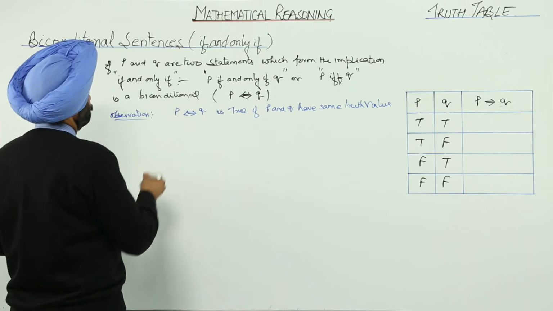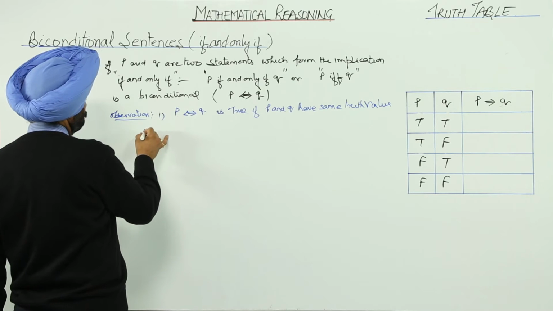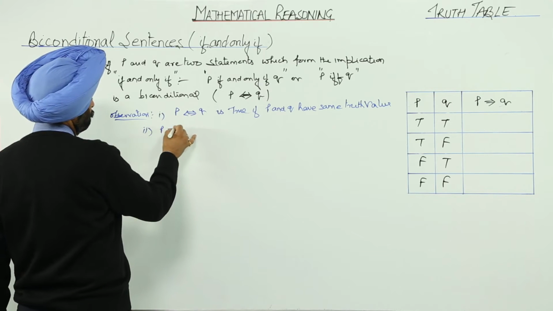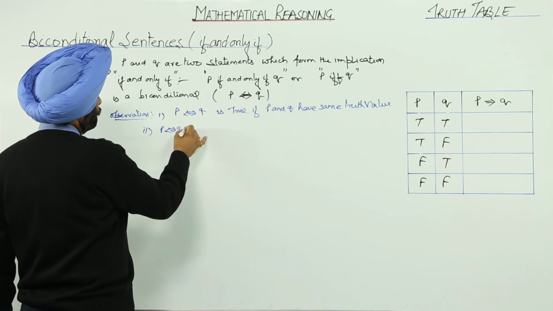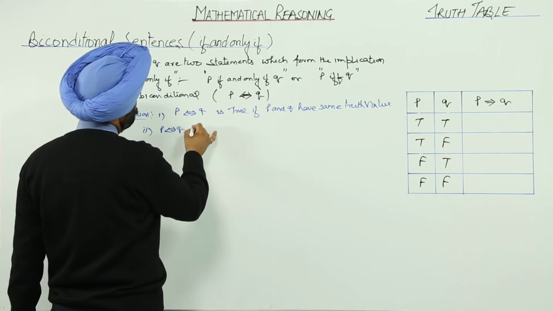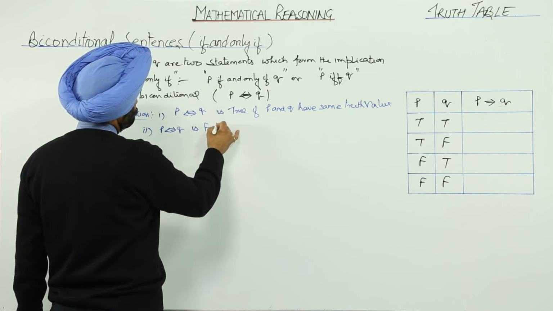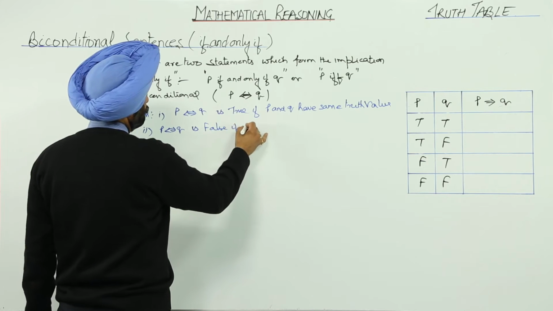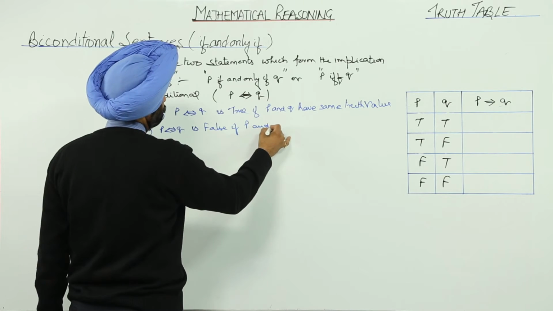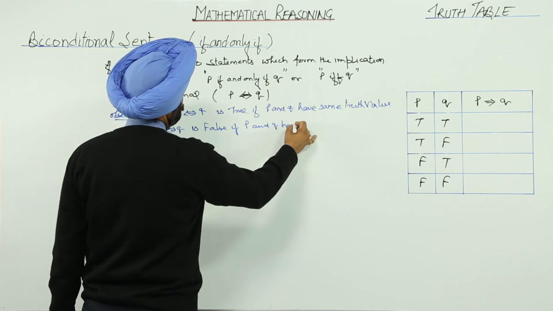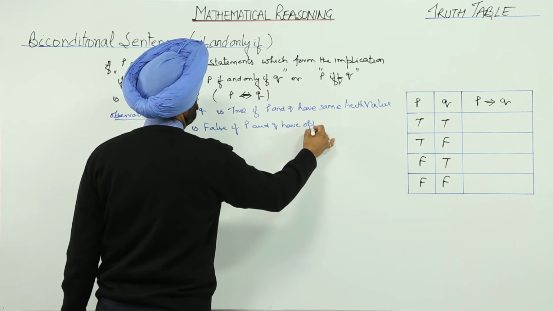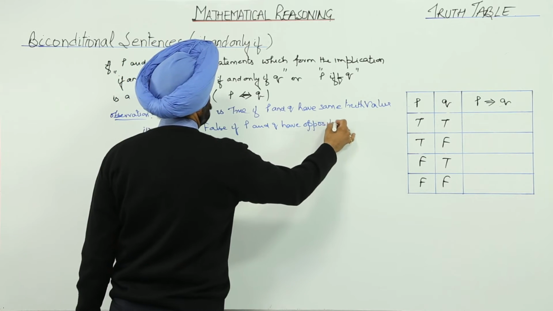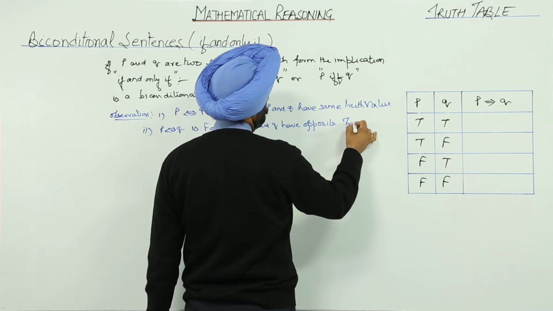Second, P if and only if Q is false if P and Q have opposite truth value.